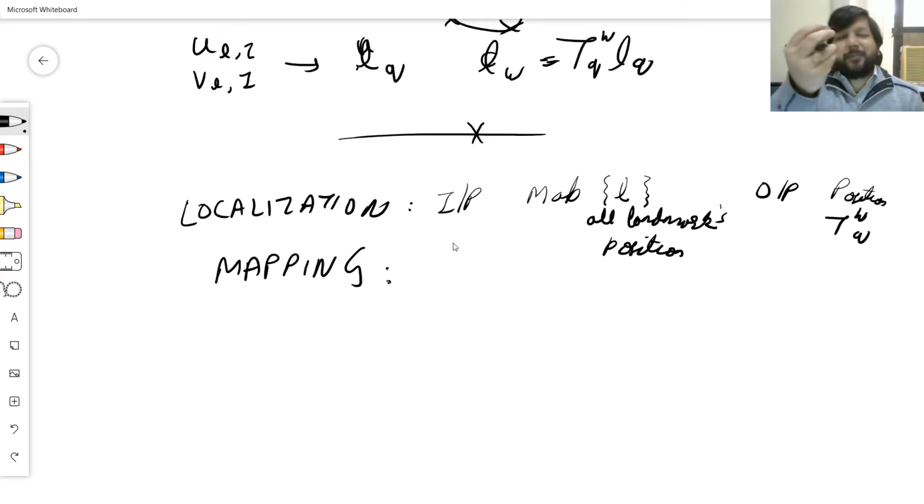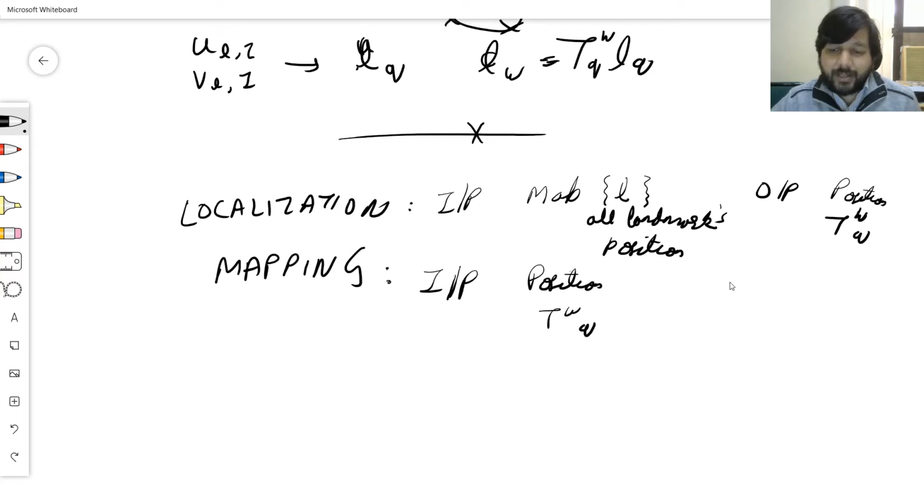I transformed this into the world coordinate frame, assuming my known position, and then I kept on projecting it onto a map, onto a picture. So my input was a position and my output was a map, or all landmarks' positions.